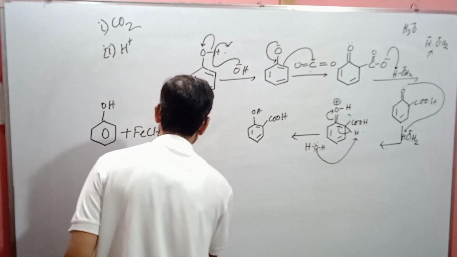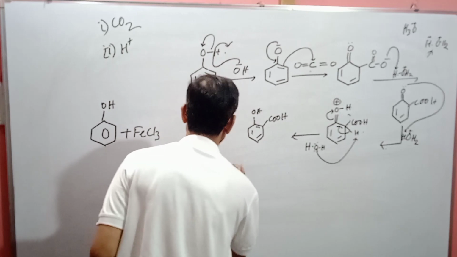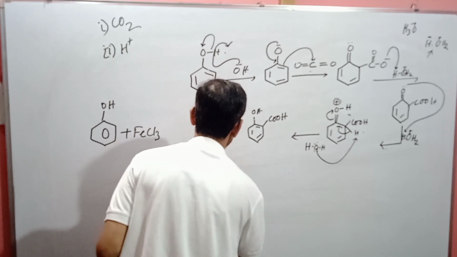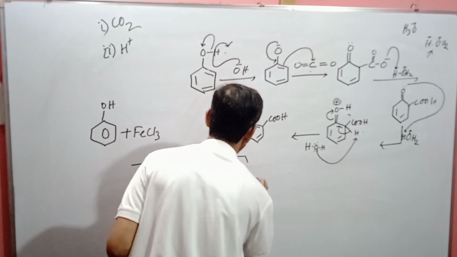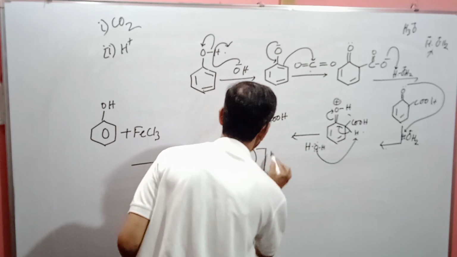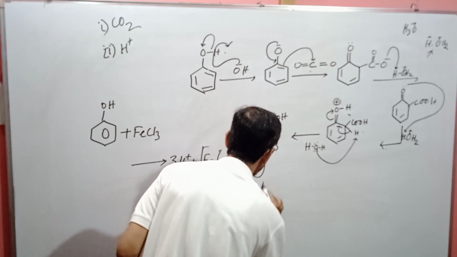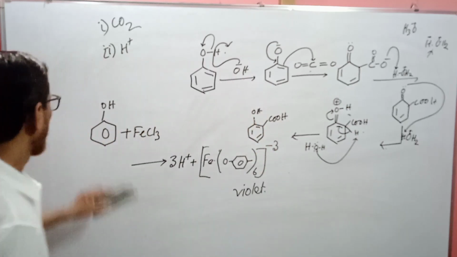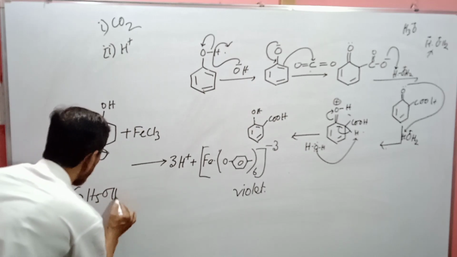You see, this is H plus, Fe, it is a complex, and biological. This is a very important reaction, and it is a very important distinction between alcohol and phenol.